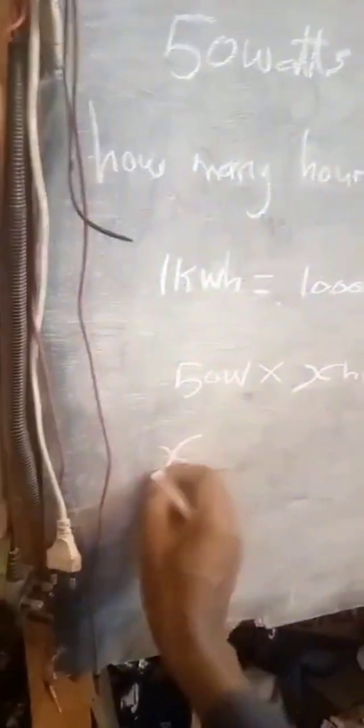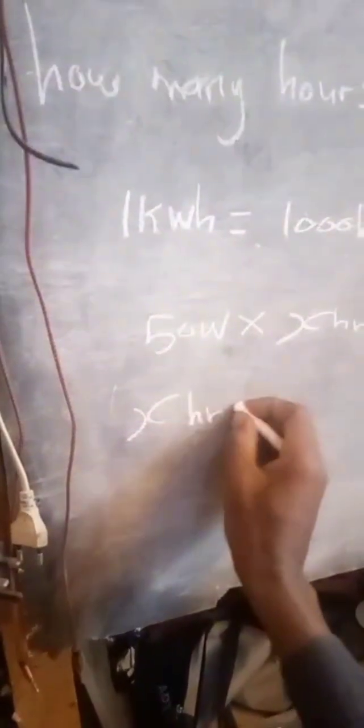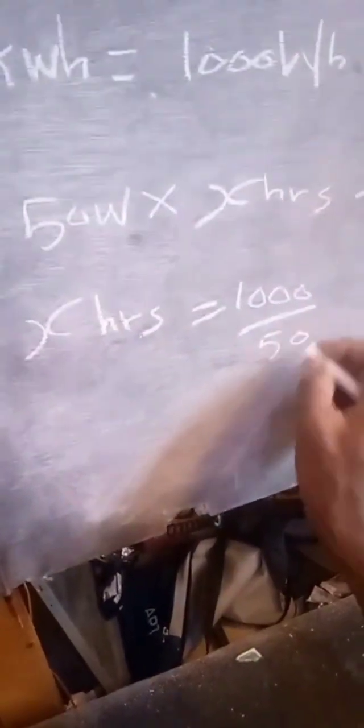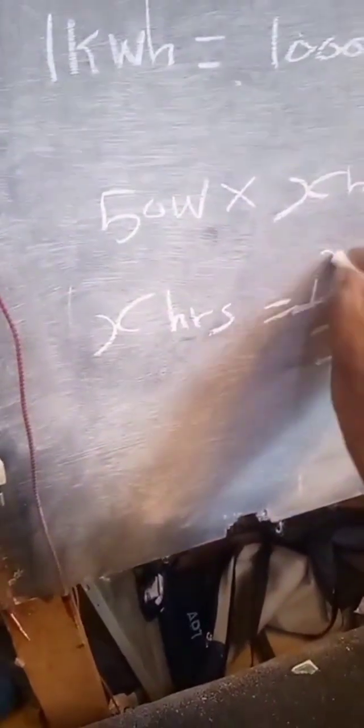So my X hours will be 1000 divided by 50. So we have 20.